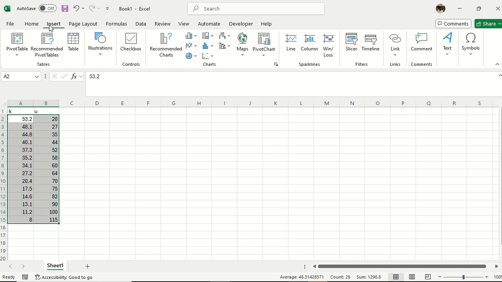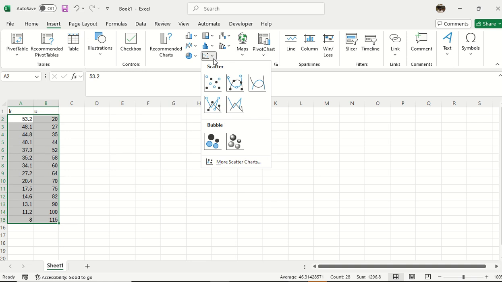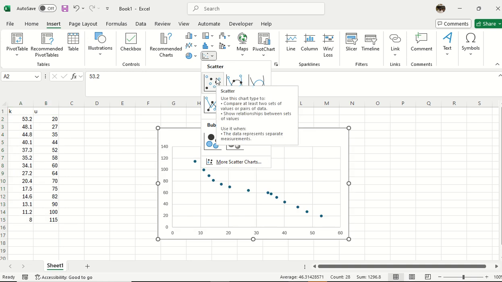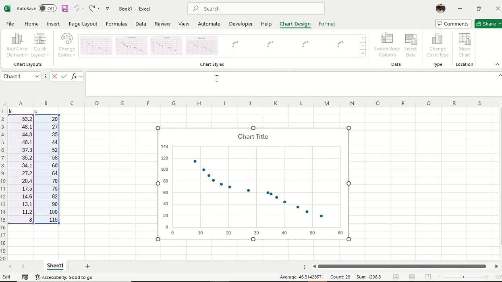So what do you do? You take this, go to insert and select this one, insert chart and scatter. Now you have the data.